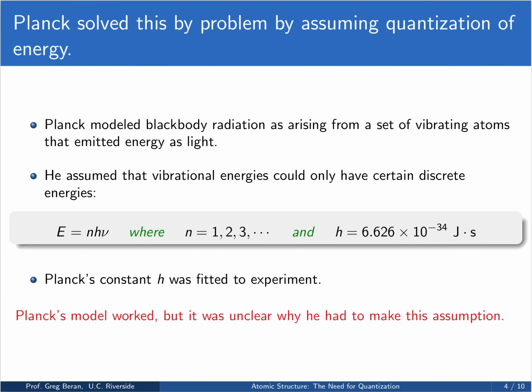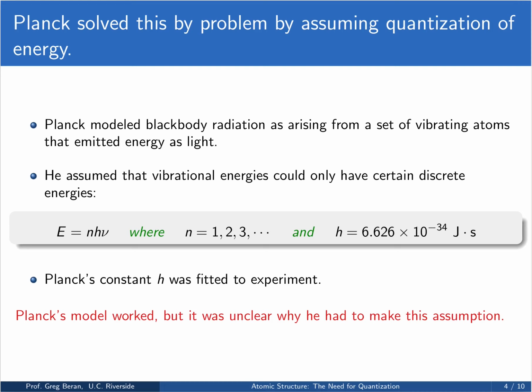So Max Planck, right around 1900, managed to finally solve this problem with an unusual trick. He started off modeling the blackbody radiation as arising from a set of vibrating atoms that emitted energy in the form of light. This is pretty similar to how everyone was modeling it in those days.